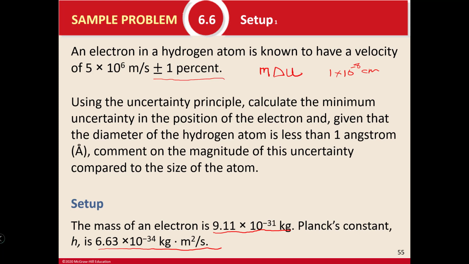Comment on the magnitude of this uncertainty. So we know what the mass of an electron is. I don't expect you to have that memorized, but we've talked about the mass in chapter 2. We do know Planck's constant, and I do expect you to have that memorized.